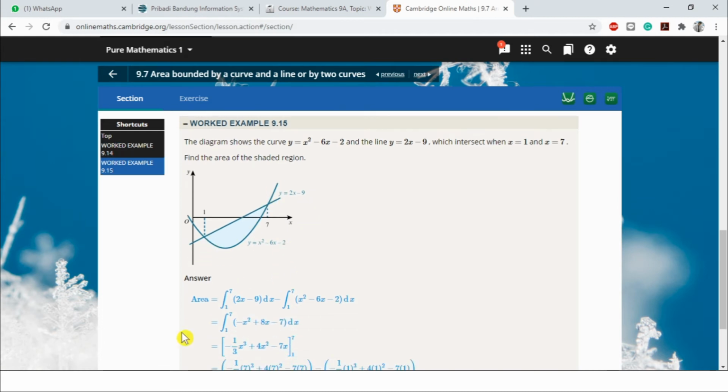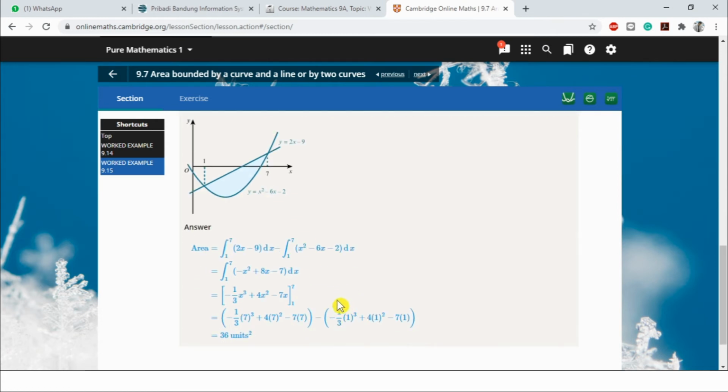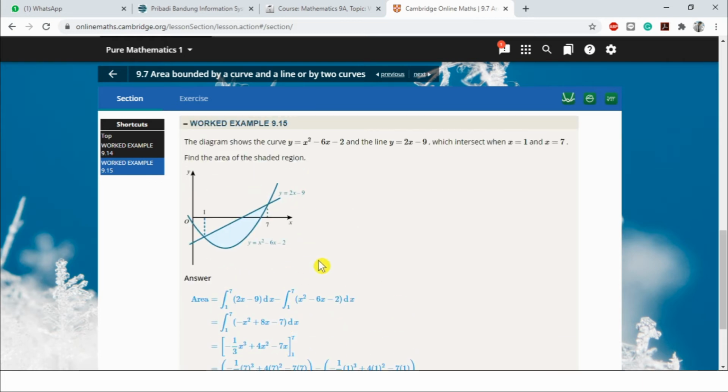So the straight line subtracted by the curve. So look here, the straight line 2x minus 9 subtracted by the curve x squared minus 6x minus 2, dx. After you subtract it, it will be minus x squared plus 8x minus 7. And then you can integrate it using definite integration, and you get 36 units square.